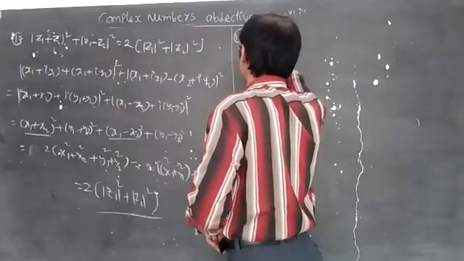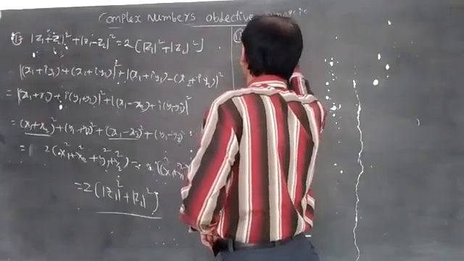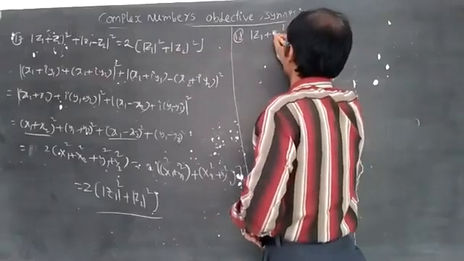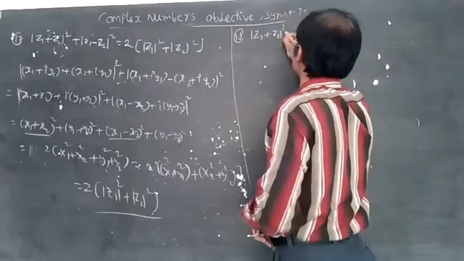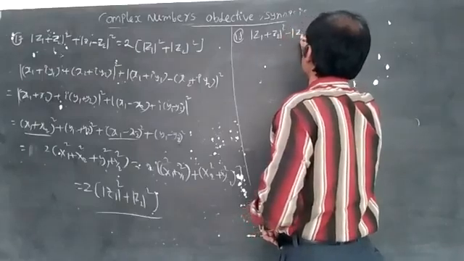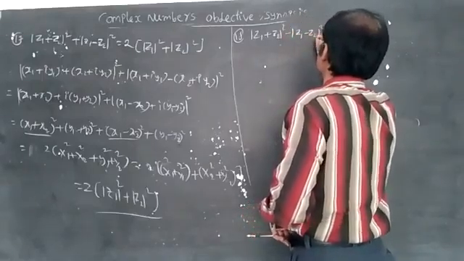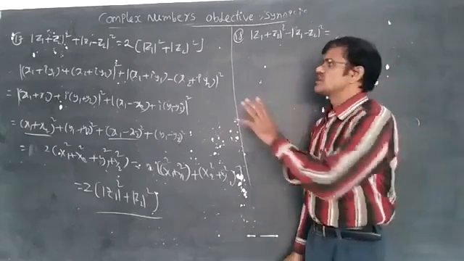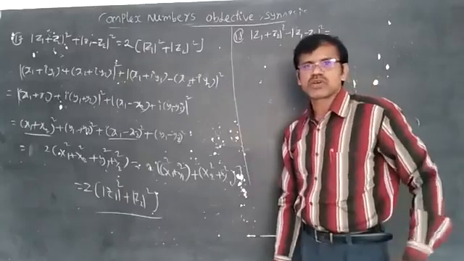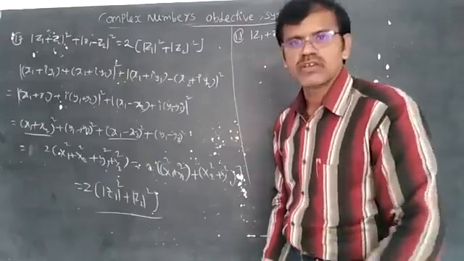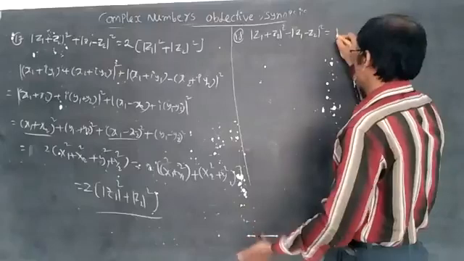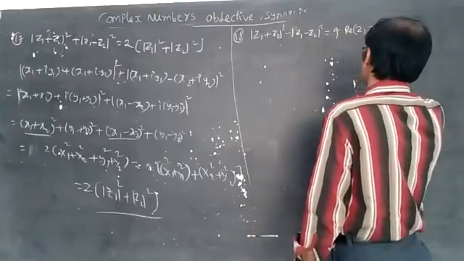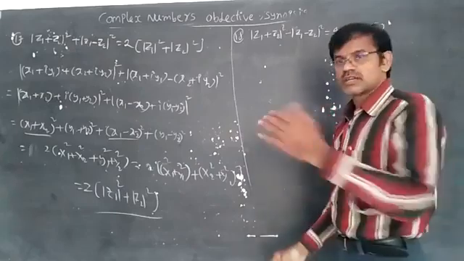Originally, according to the formula a plus b whole square minus a minus b whole square, we should get the value 4ab. But what happens is, 4 into real of ab you will not get; it is z1 z2 bar or z1 bar z2.